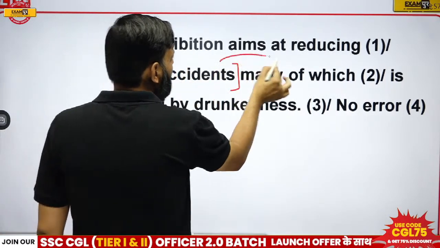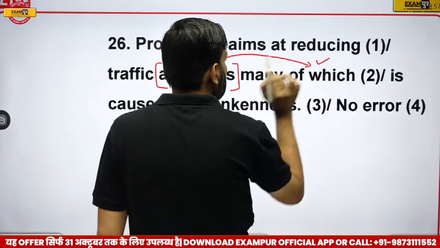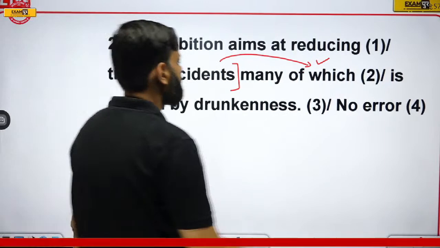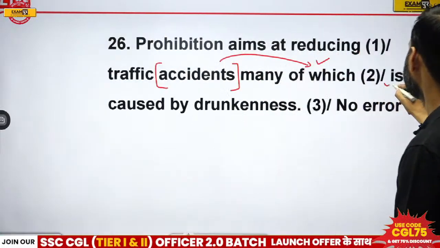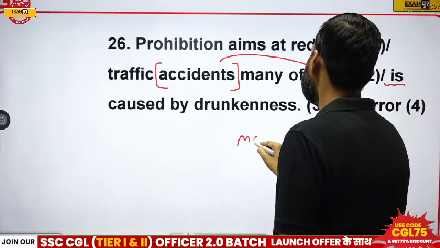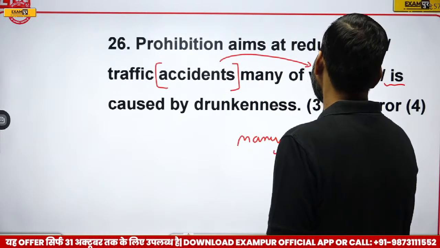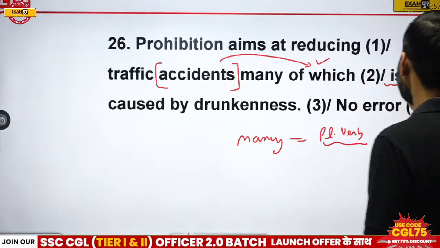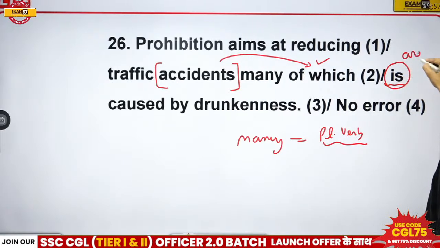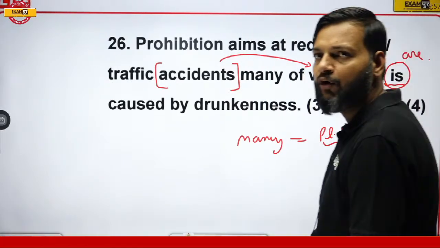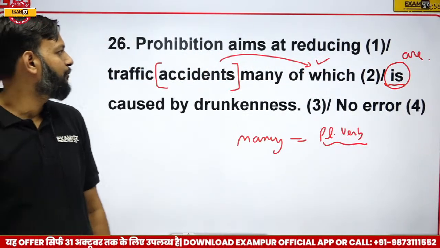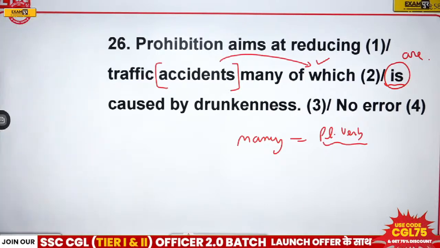Which is absolutely correct? It is absolutely correct. The error is in the third part. Many means more than one, so many is to be followed by plural verb. So here is will be replaced by are. Many of which are caused by drunkenness.